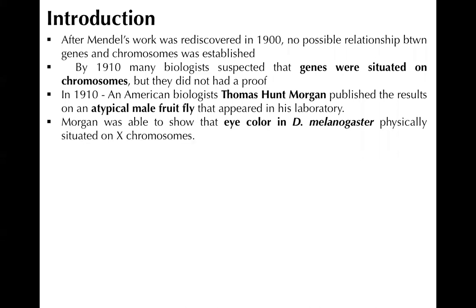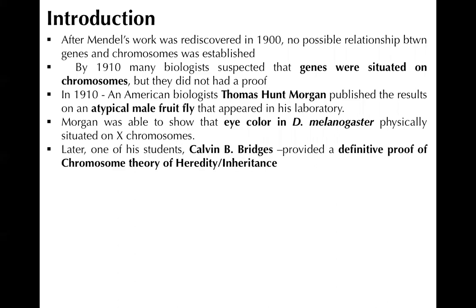Morgan was able to show that the gene for eye color in Drosophila melanogaster is physically located on the X chromosome. So by doing this experiment, he linked eye color in Drosophila to the X chromosome.